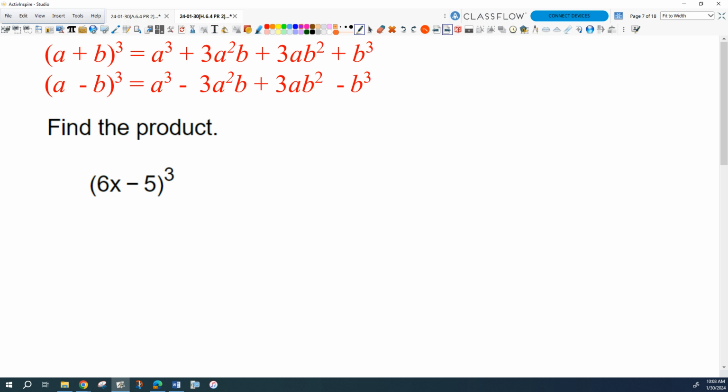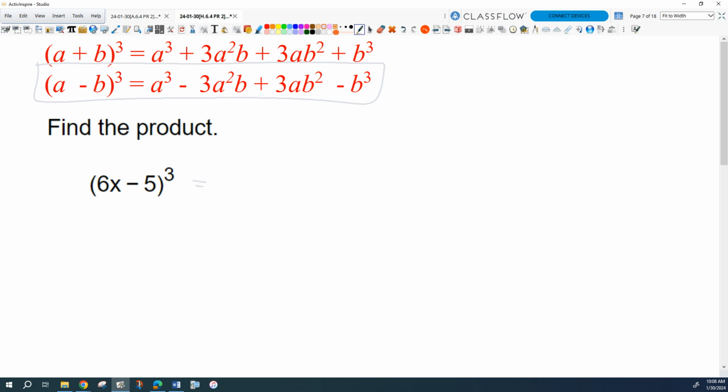Okay. So what about something like that? Same thing. Which pattern are we using? Top or bottom pattern? Bottom. Okay, so we're using this pattern where a is what? 6x. Good. b is 5. All right.